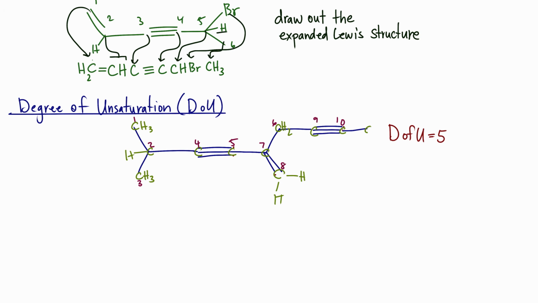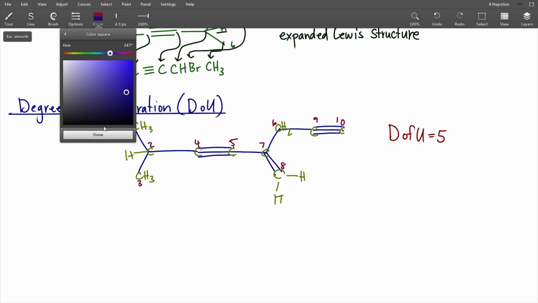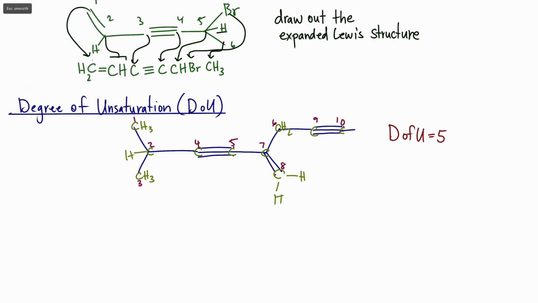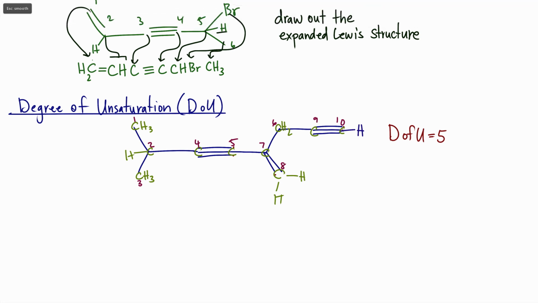Oh, this is supposed to be an H. That's supposed to be an H. All right. Now, let's count out. We have 10 carbons, so that would be C10. And let's count our hydrogens.